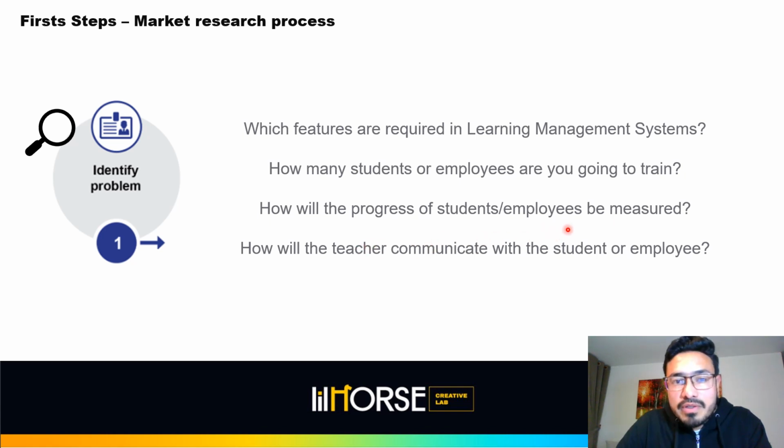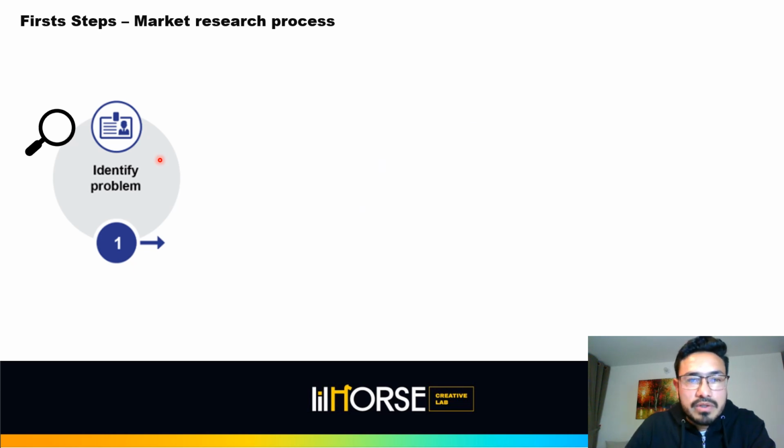How will the progress of the students or employees be measured? So it's essential to identify these high-level questions. Okay, so to define or identify the problem, just ask these kinds of questions. Maybe I know that there are so many more questions, but these are the main questions.